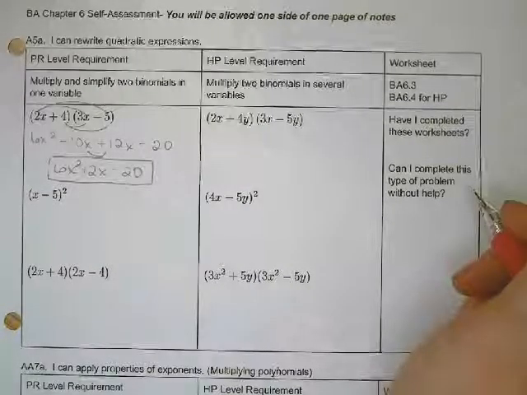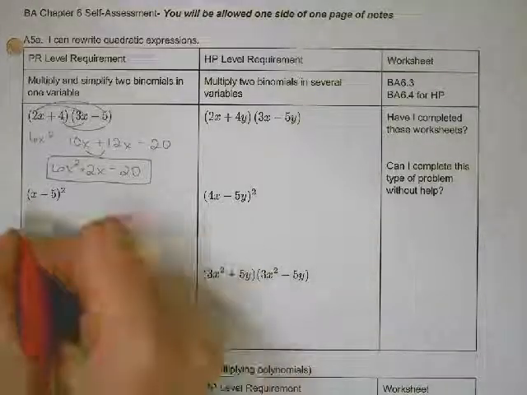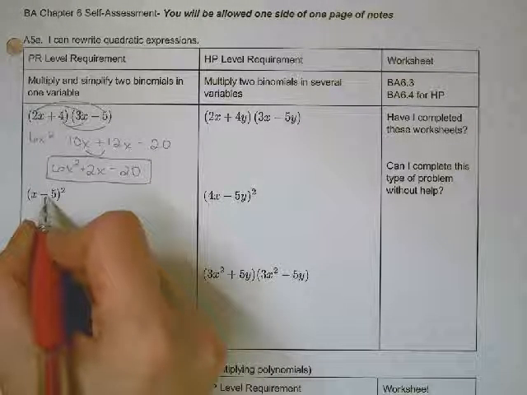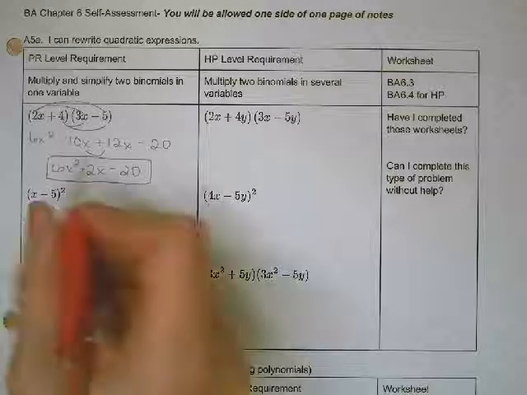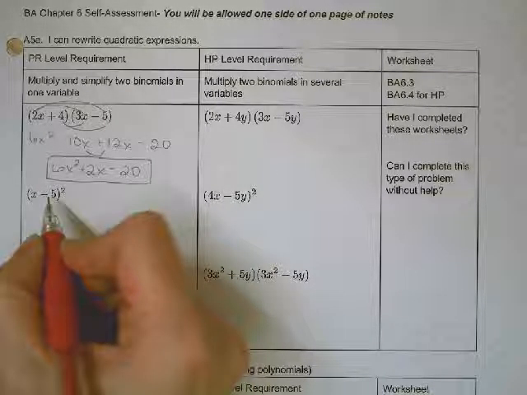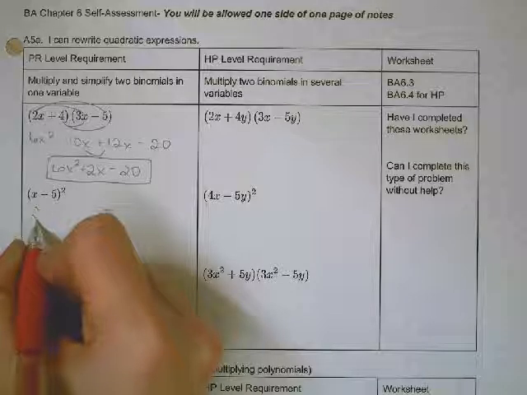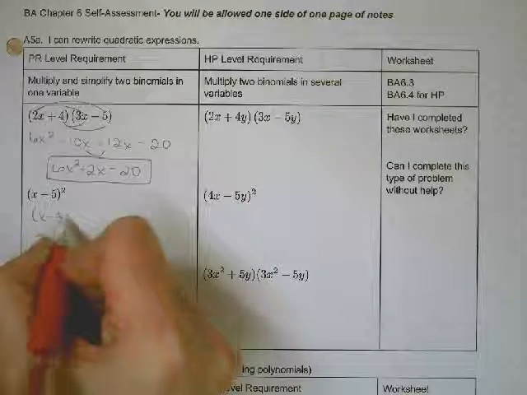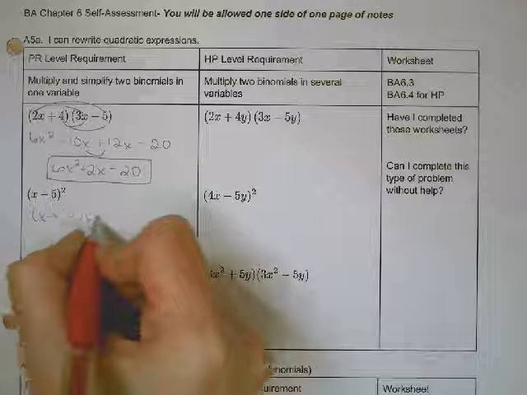So that is our simplified, multiplied out quadratic expression. On the second one, under proficiency level, remember that if we are adding or subtracting within those parentheses, we cannot just apply this. So this would not be x squared minus 25. It would actually be x minus 5 times x minus 5.